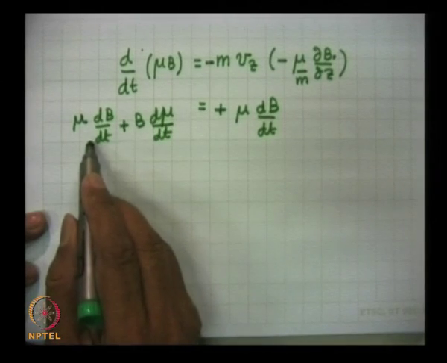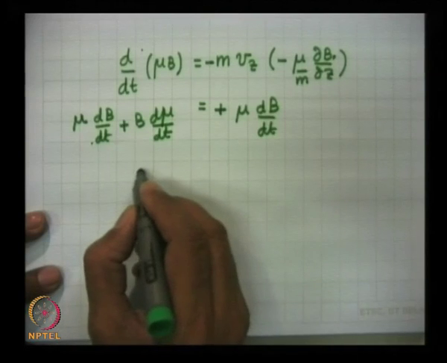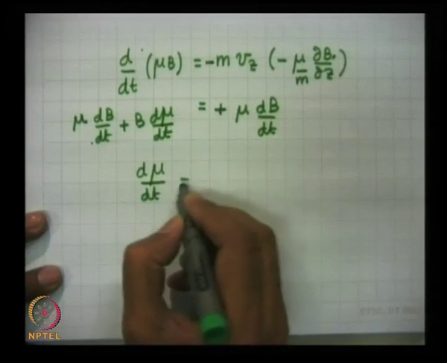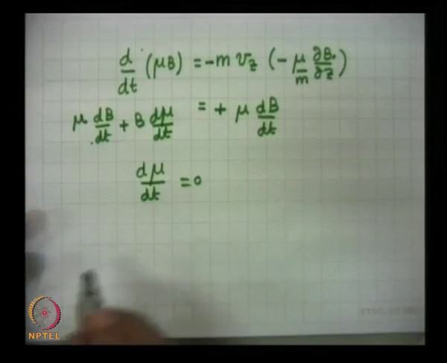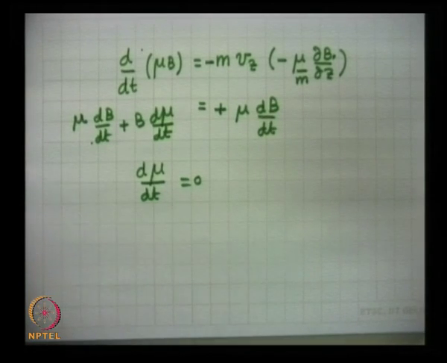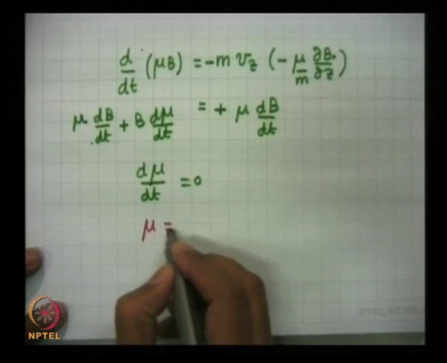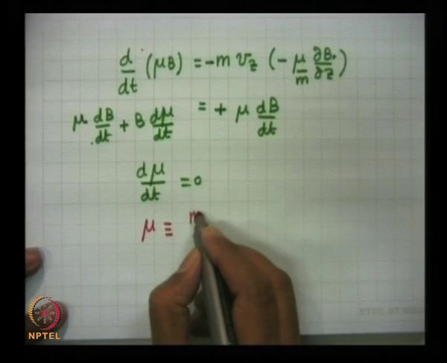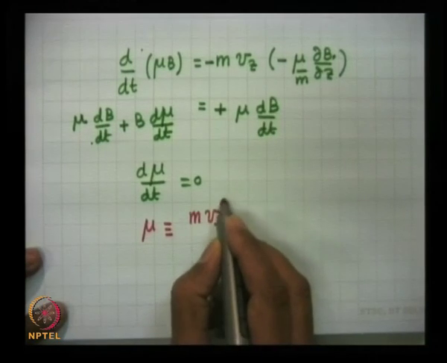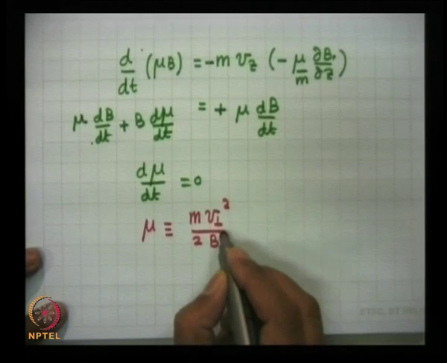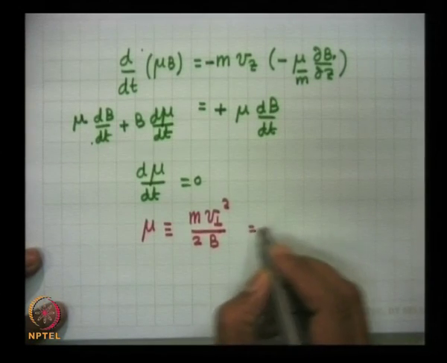The first term here will cancel the term on the right hand side, and this gives you d mu by dt is equal to 0. So, as the electron travels inside the machine, mu must be a constant of motion, and mu, defined as m V perp square upon twice the magnetic field, is a constant of motion.